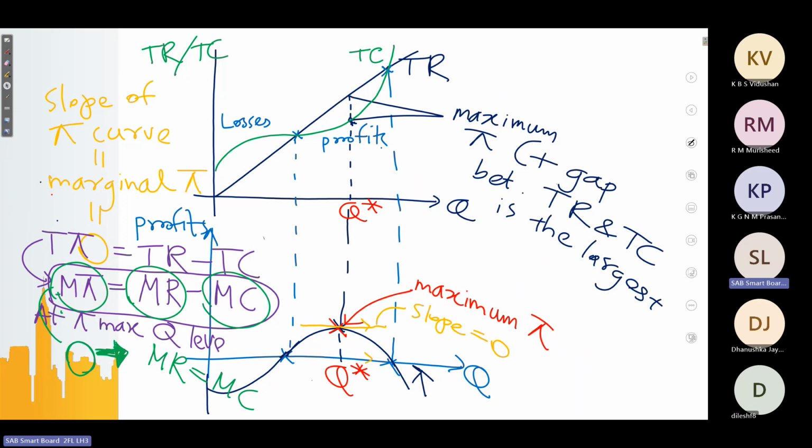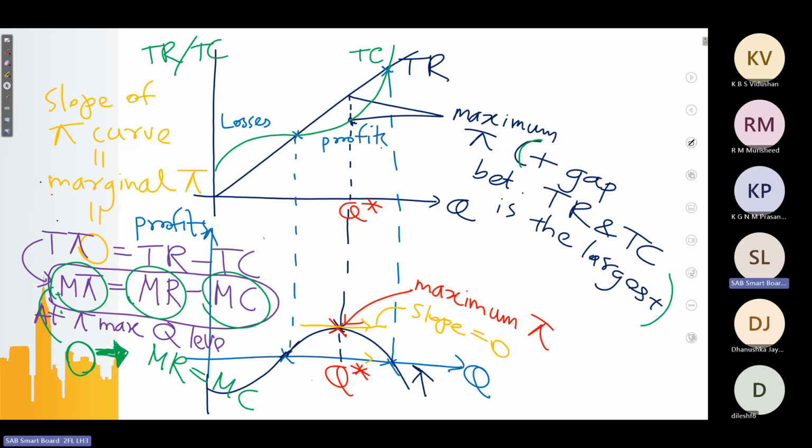In the total approach, profit is maximized when the positive gap between total revenue and total cost is the largest. So those are the two approaches. In other words, the marginal approach says profit is maximized when marginal profit is 0. Got it?